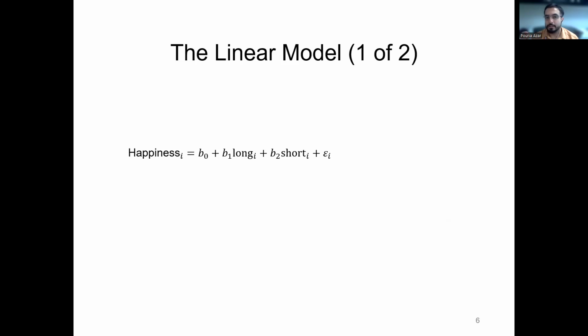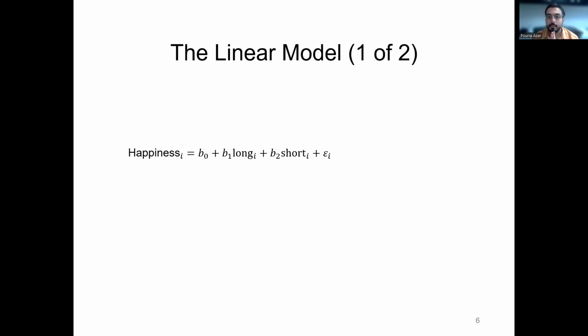And then we have the three independent groups, and all those groups are our predictors, or our independent variables. We have beta 0, which is the constant, the point at which our regression line intersects with the y-axis.